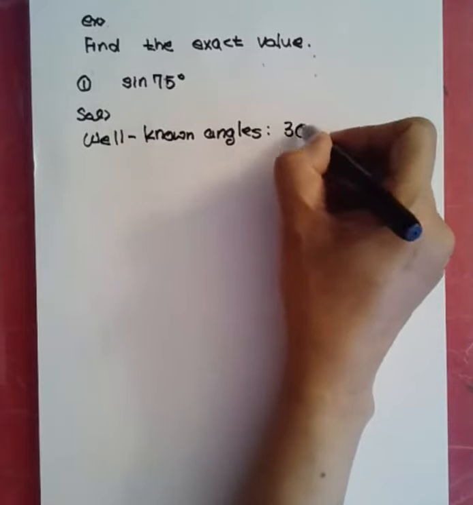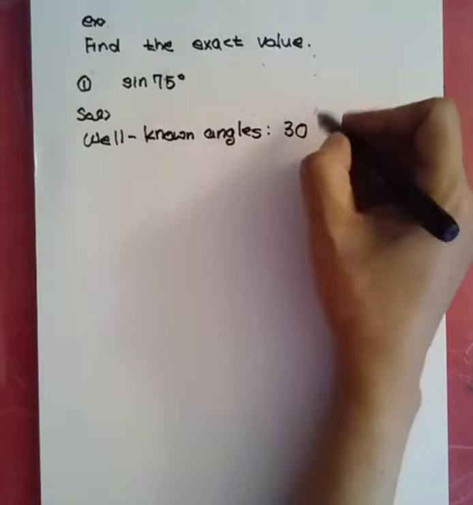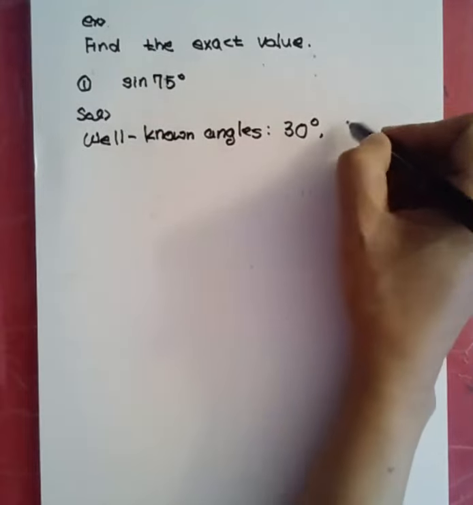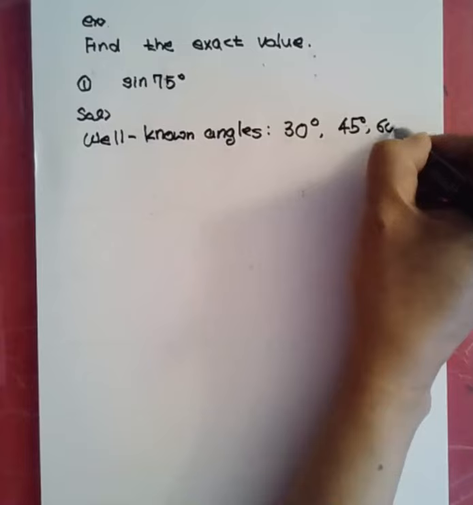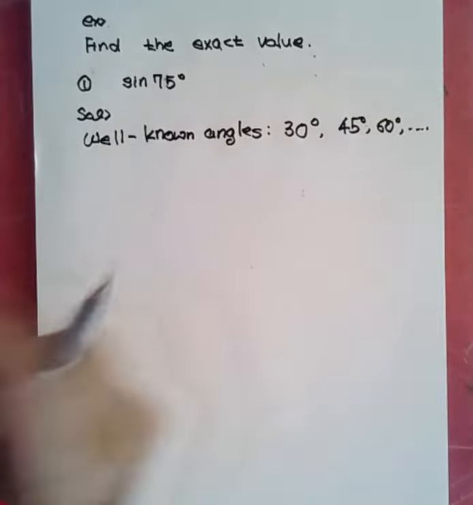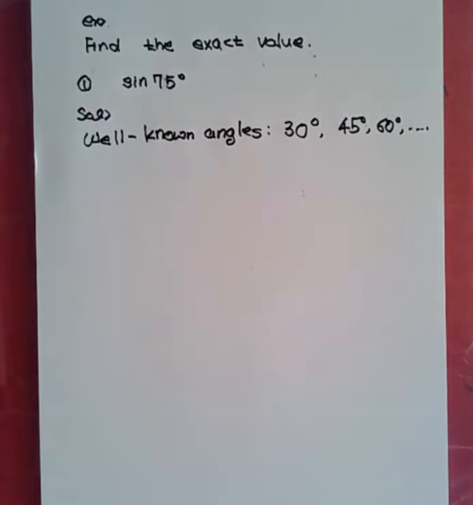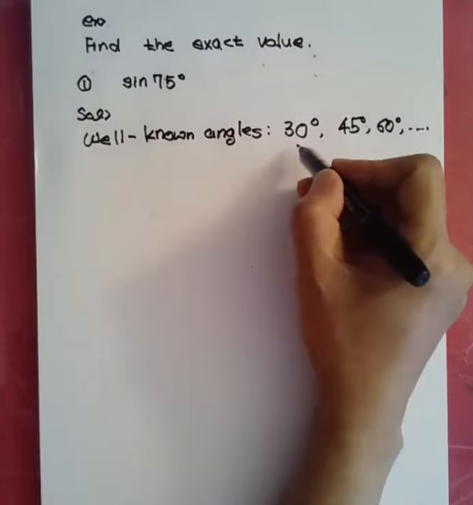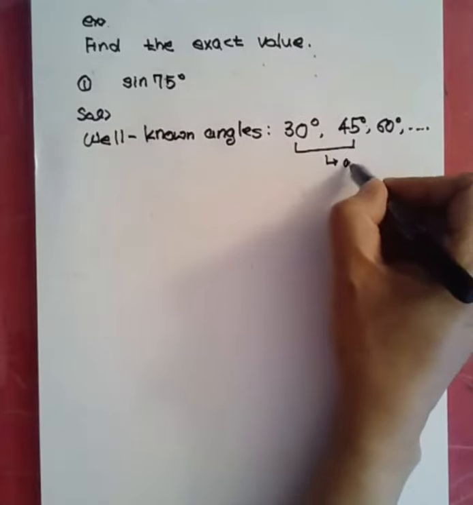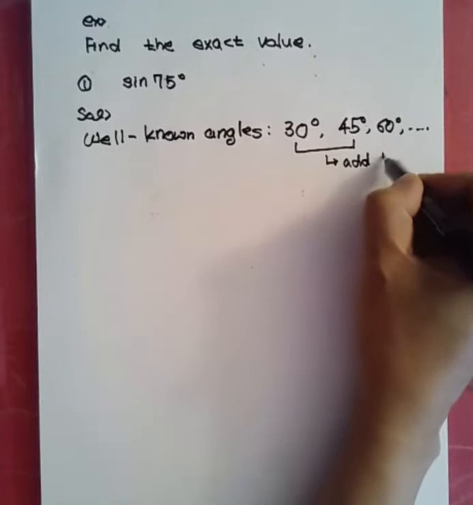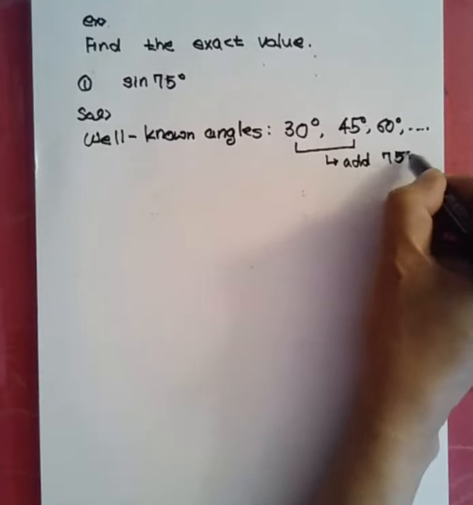This is a small angle, so let's list 30 degrees, 45 degrees, and 60 degrees, and so on. Then we realize that if we add them, it will give 75 degrees.